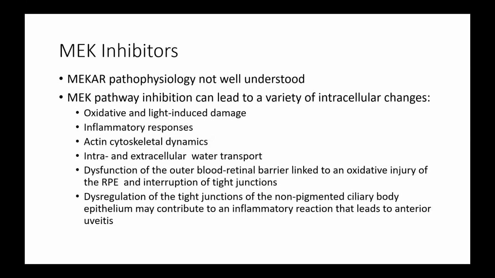So again, just like a lot of the drug-induced uveitis, it's not well understood, but we do know that the MEK pathway inhibition can lead to a variety of intracellular changes, which includes inflammation and actin cytoskeletal dynamics, which alters the intra and extracellular water transport, disrupting the outer blood-retinal barrier and leading to oxidative changes and loosening of the tight junctions. And it's thought that this dysregulation of the tight junctions in the non-pigmented ciliary body epithelium can contribute to the inflammatory reaction leading to the anterior uveitis.